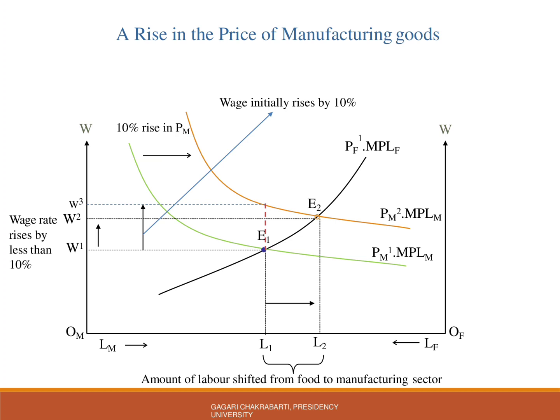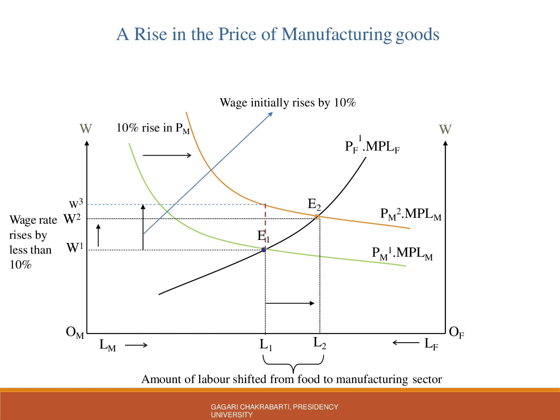Now, employment cannot remain unchanged. As PM increases, there is a wage rate differential. The wage in the food sector is lower and the wage in the manufacturing sector is higher. Therefore, laborers will shift from the food sector to the manufacturing sector. So employment cannot remain unchanged at point L1.